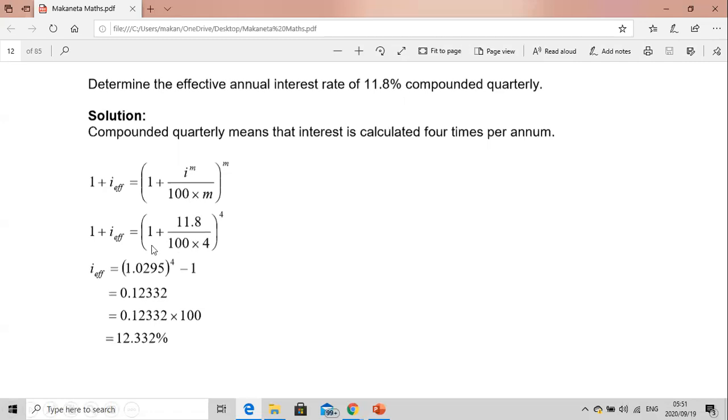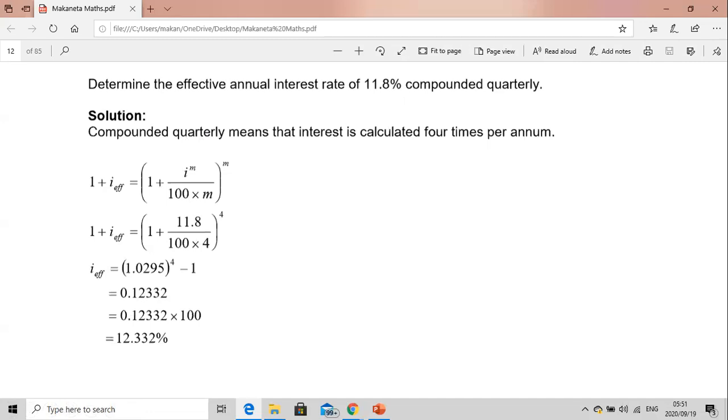And of course, you make the effective rate of interest annually the subject of the formula. And of course, you can see that at the end of the day, you'll be left with 0.12332. And then you have to multiply that by 100, and this will give you 12%.